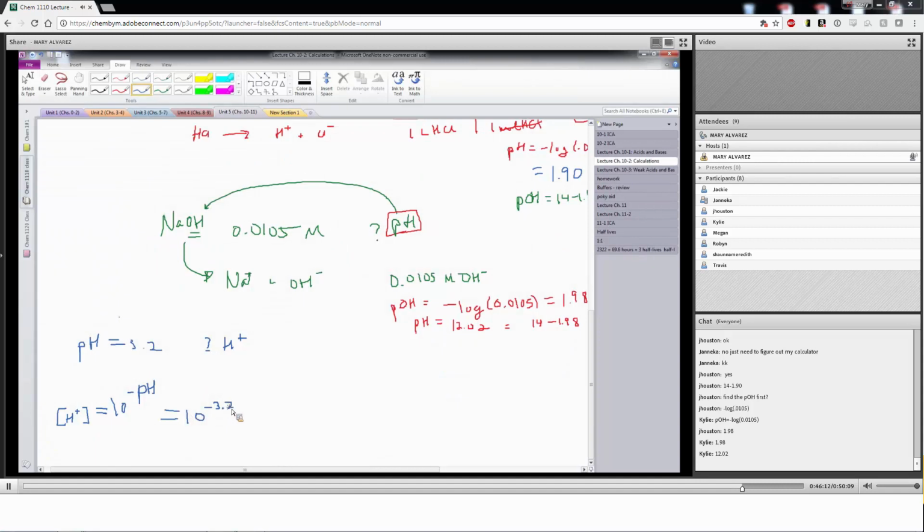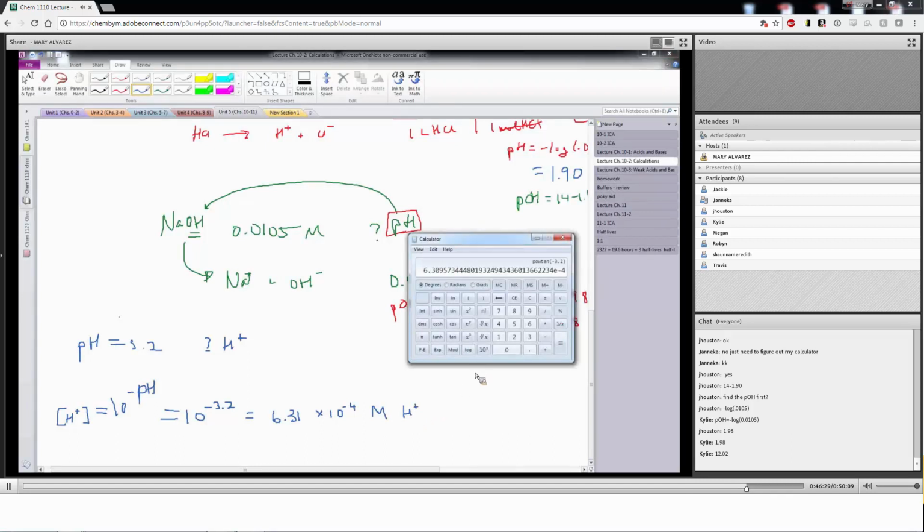Everybody take a minute with your calculators and see if you can get it to give you that same answer. If you use the X to the Y, you're going to define X as 10, hit X to the Y, and then say 3.2, define that as your Y, and then hit enter.